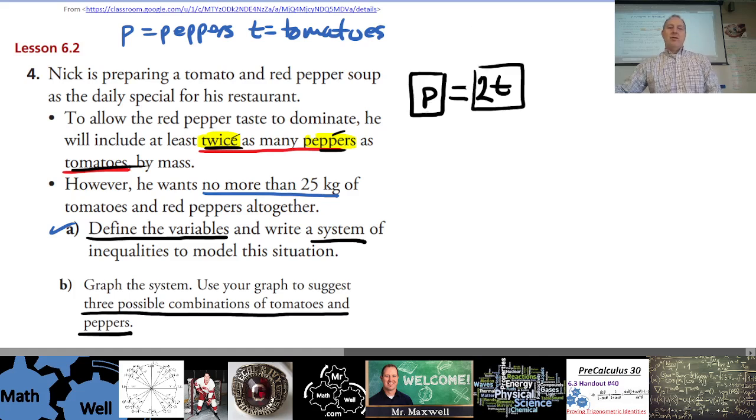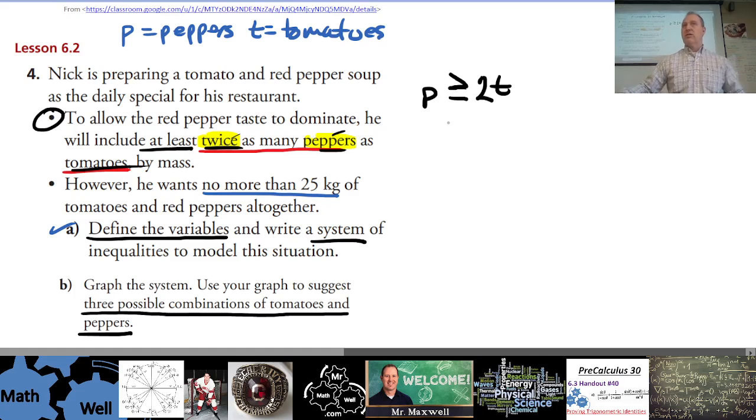Does that make sense? I like writing an equation first, like pepper mass is equal to 2 times the tomato mass. Now, the peppers can be more than twice, right? Because it says at least twice as many peppers. So the pepper mass could be more than 2 times. So if this can be more over here, then I will put a greater than sign there. Does that make sense? So tell me if that fits with this first bullet here. Do you think that makes sense? Do you like that?